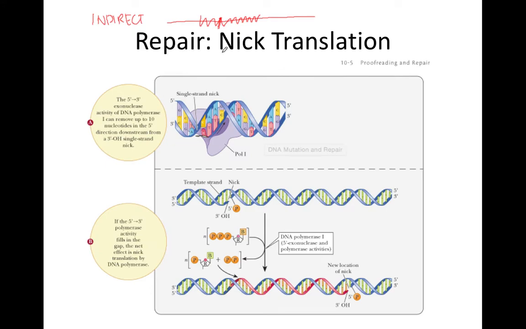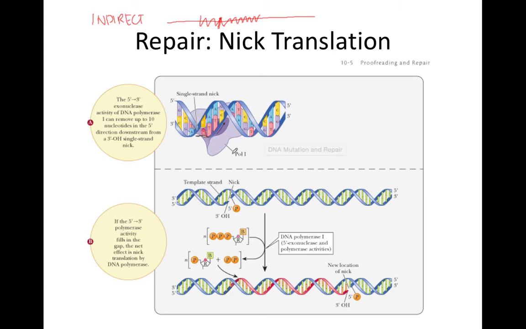So the first indirect repair mechanism we're studying is nick translation, which is usually done if there is a single strand break in the DNA. So if you will find this gray part here, that means that the sugar phosphate backbone has been damaged.